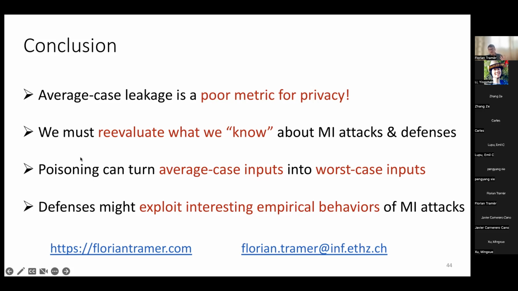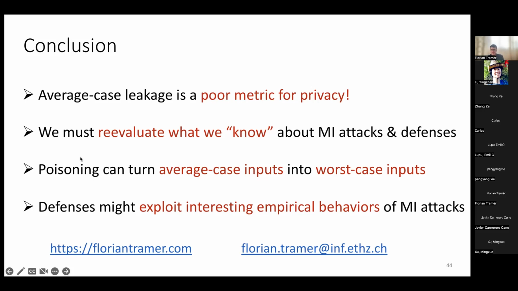Because we're now saying that we should evaluate these membership inference attacks differently, this means for the community that there are a lot of things we think we know about membership inference attacks and defenses that we might have to reevaluate. Very simple questions like: is dropout a reasonable defense against membership inference? If you look into the literature, you'll find three or four papers that, one way or another, say dropout is a reasonable defense or that it is not.